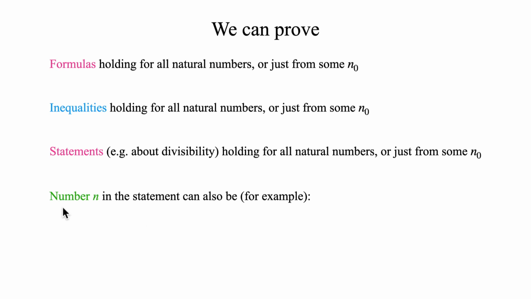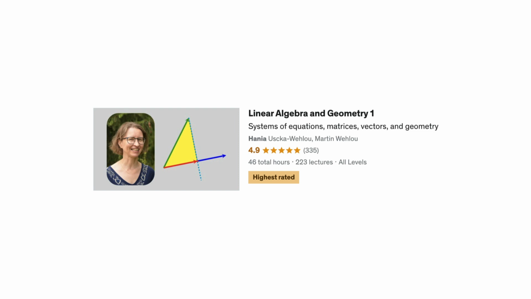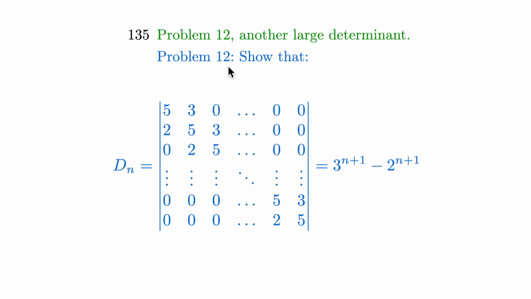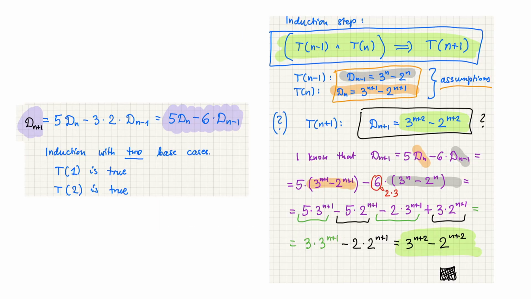And now the interesting part is that this number n in the statement can be, for example, the size of a square matrix. An example can be found in the Linear Algebra and Geometry 1 course, where we show by induction that such an n by n determinant has this value, and this proof is conducted by induction with respect to the size of the matrix.